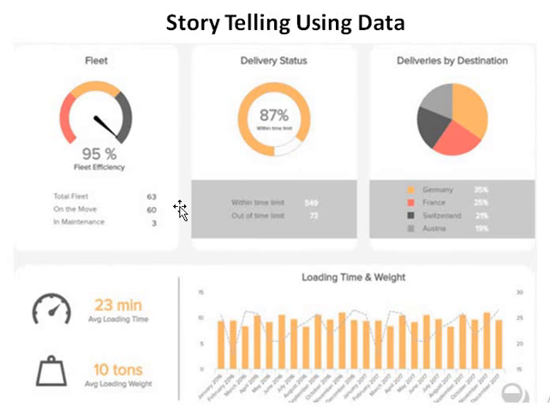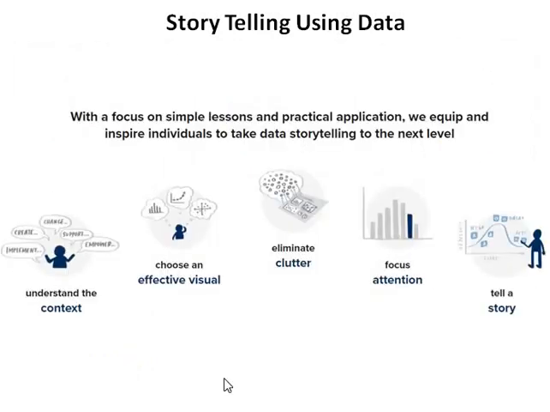So storytelling is opting for understanding the context, choosing an effective visual, which should be suitable to the context. The visual must be suitable to the context. Eliminating the clutter, right?